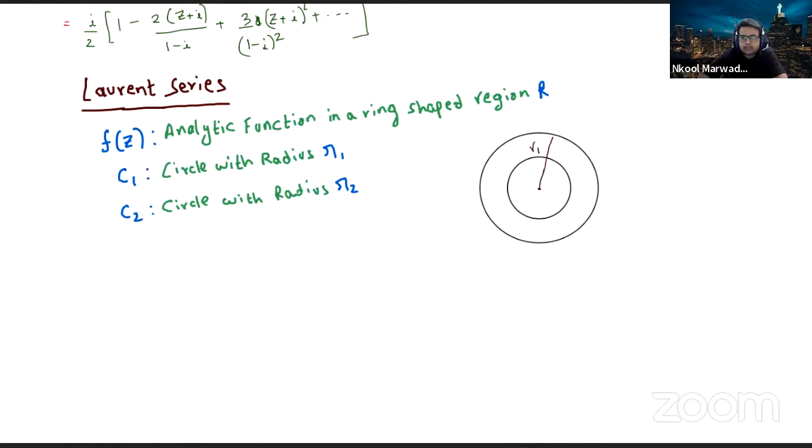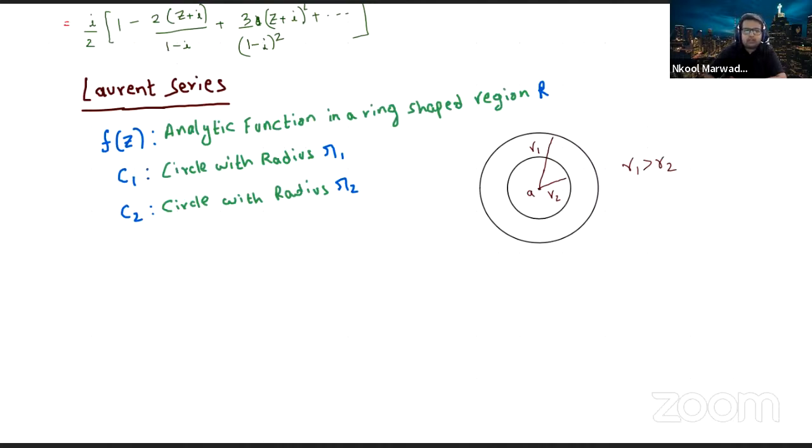Center, let us suppose it is A. And here definitely R2 is greater than R1. And the analytic function is defined in this region.